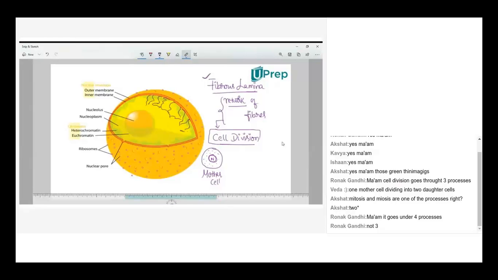Now when you take a cell, when it undergoes division, it may go for two ways, basically. I'm using the word basically, the basic cell division models I'm giving. The mother cell may divide exactly like this, and you may get the offspring, assume the daughter cells.